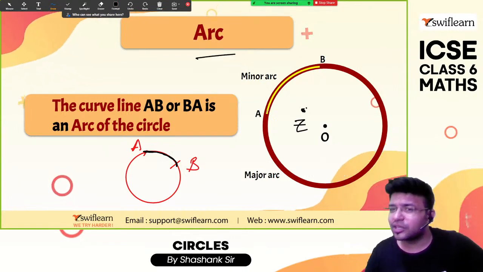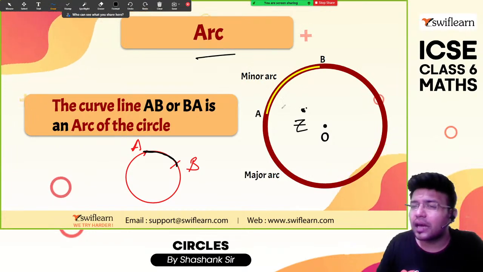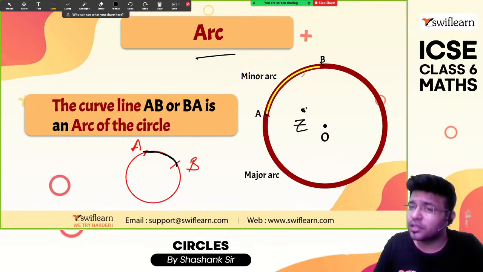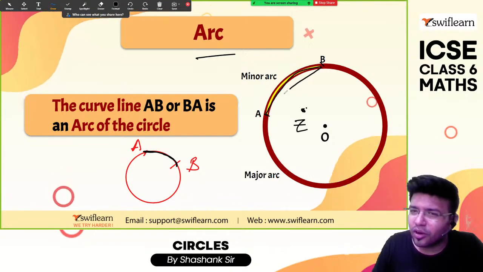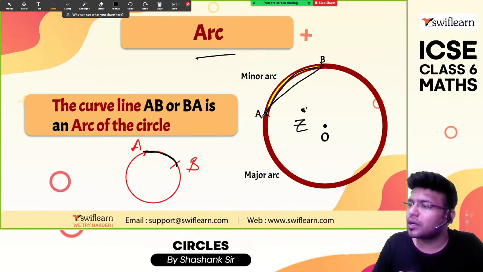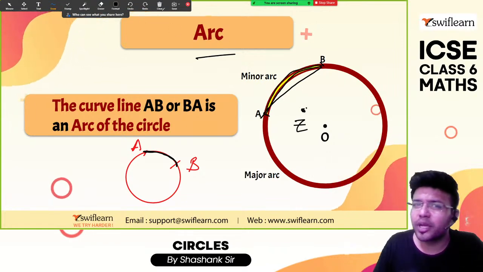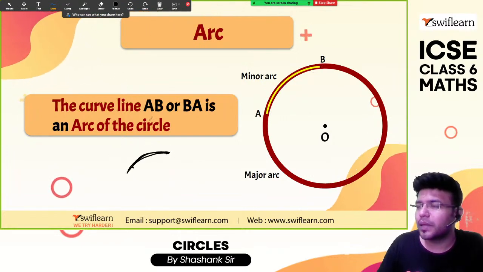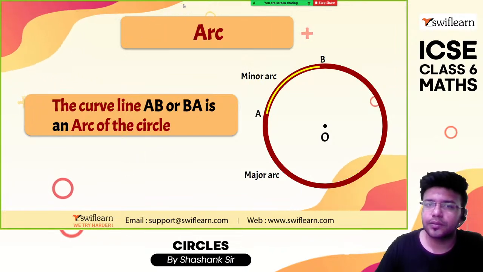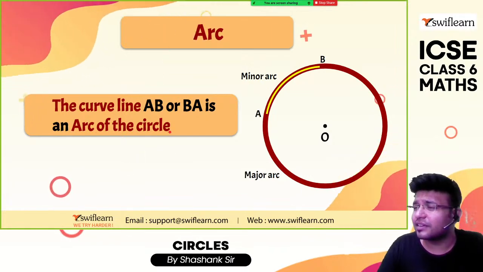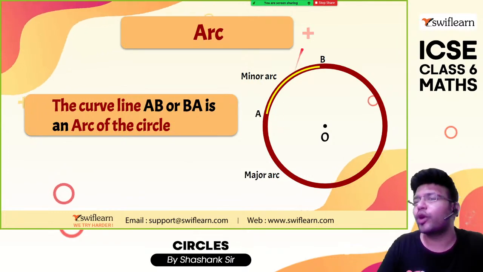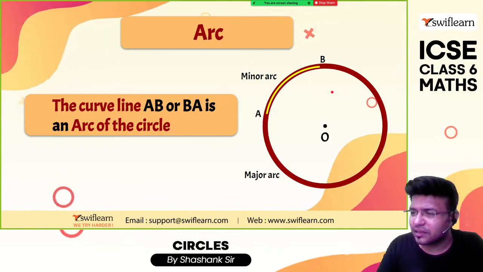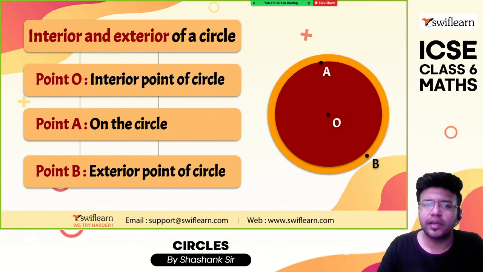An arc is the distance between any 2 points on the circle in circular order. Not this, that will become a chord. The circular, curved part is called an arc. The curved line between any 2 points on the circumference is an arc. Ankrit, you got this? Yes.